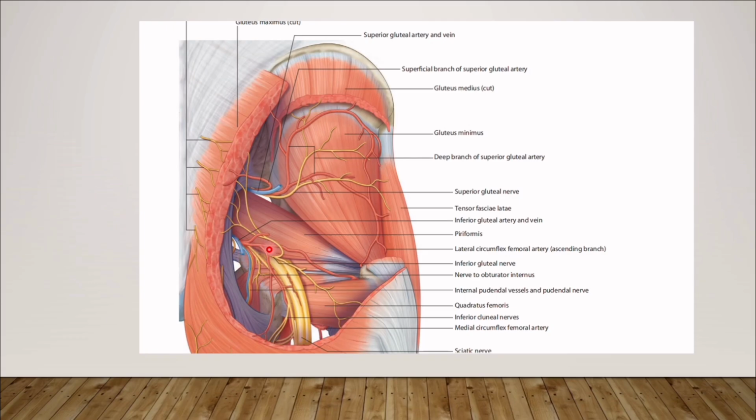Here, it's exiting the greater sciatic foramen, and supplies muscles of the gluteal region. These are the muscles of the gluteal region.